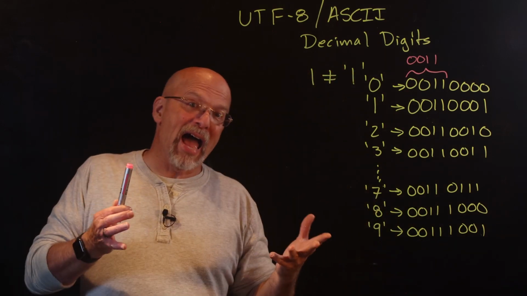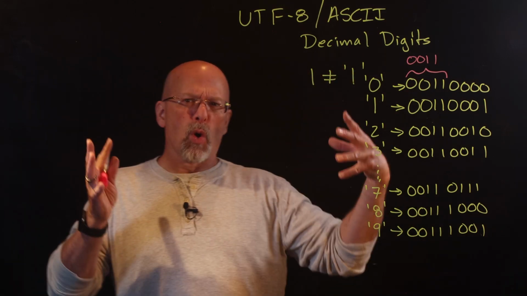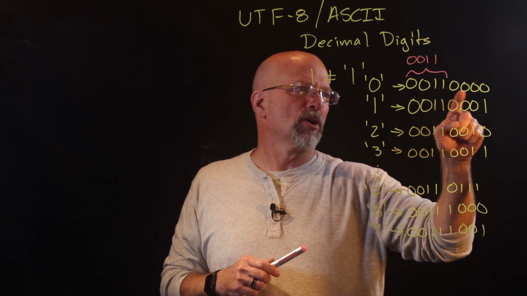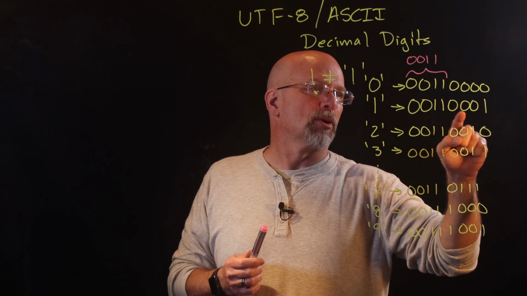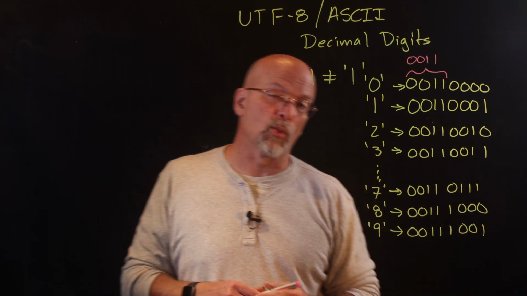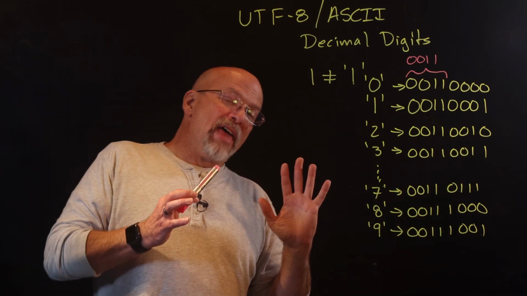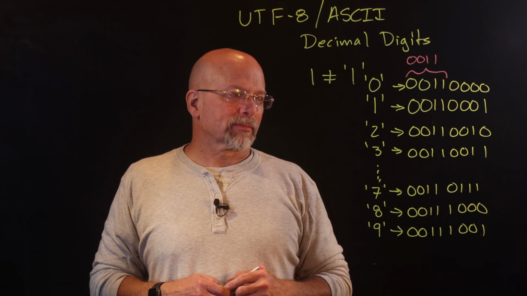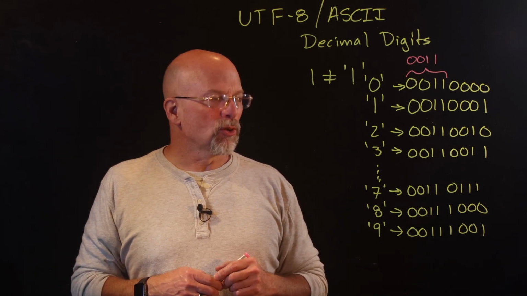Now I could have some huge OR statement, right? I could have 0000 or 0001 or 0010 and so forth until we get down to 1001. That's okay, but there might be an easier way to do this.